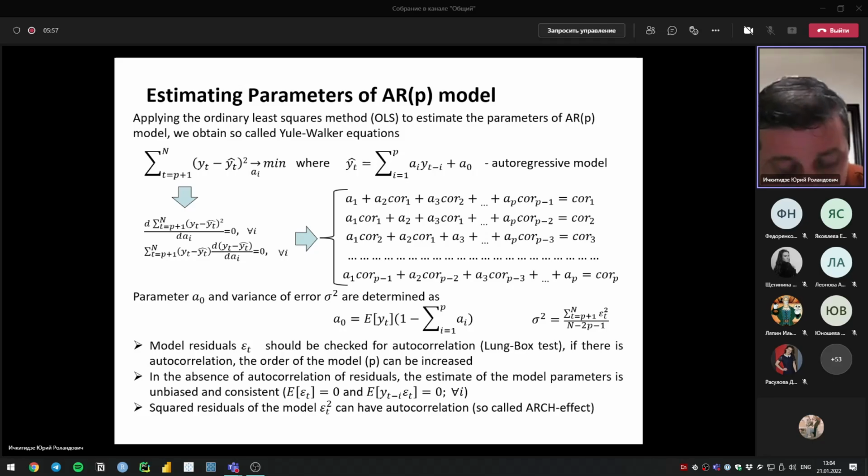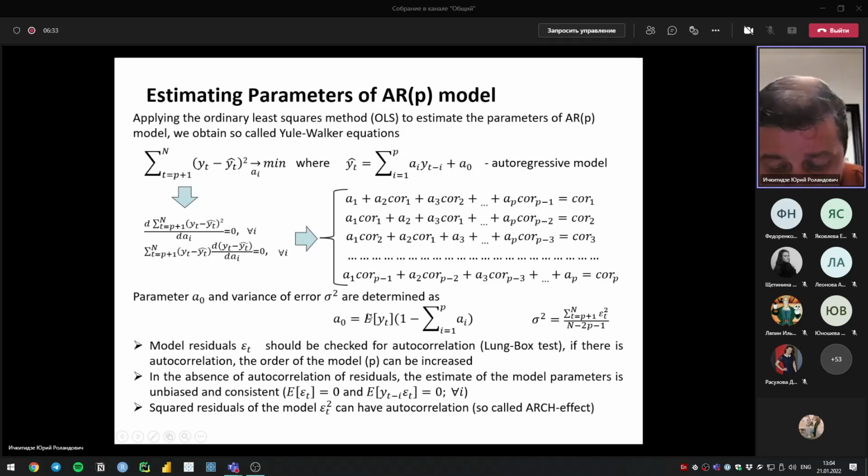And it is clear that this system of equations for finding the parameters of the autoregressive model through least squares determines the coefficients A1, A2, A3, and AP, depending on the autocorrelation coefficients, rho 1, rho 2, up to rho P minus 1. That is, in fact, this system of equations shows that the coefficients of the autoregressive model are completely dependent on the autocorrelation coefficients. This is the main feature of the model.